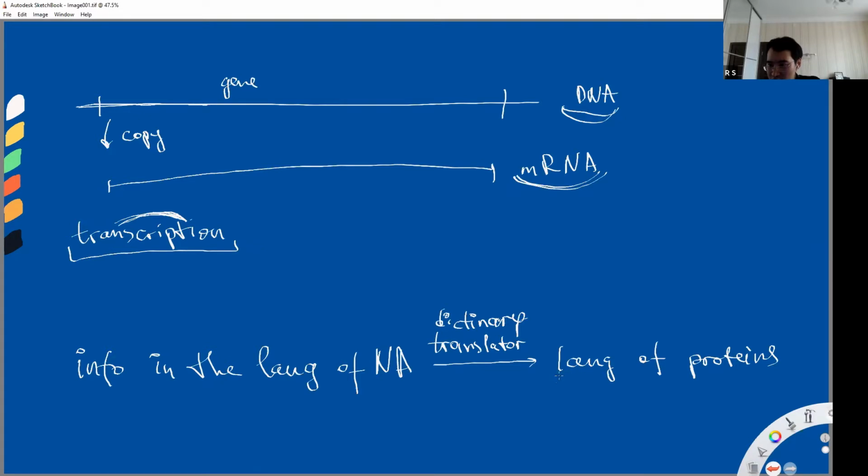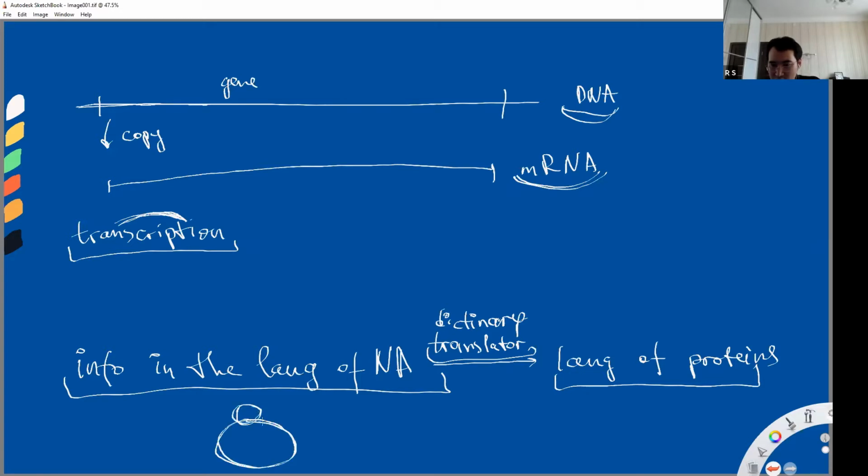Okay, and here they are not the same. So this translator is the ribosome, because it knows the meaning of one word, one codon, and it can translate it into the language of amino acids. So this is the translator. You have a piece of information in one language and you receive this same piece in the other language. And this means translation.